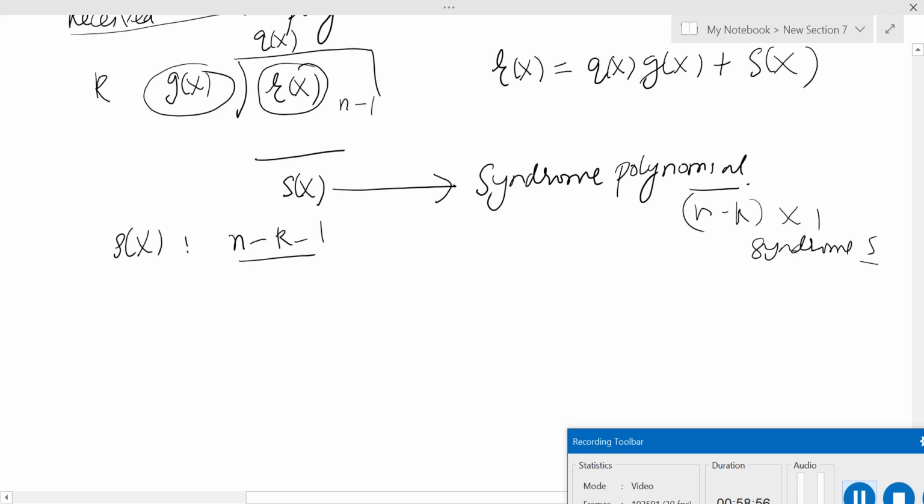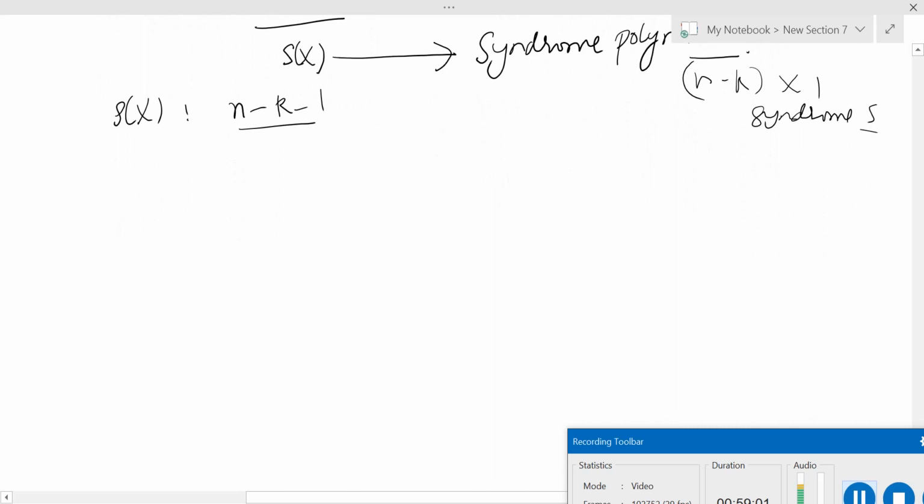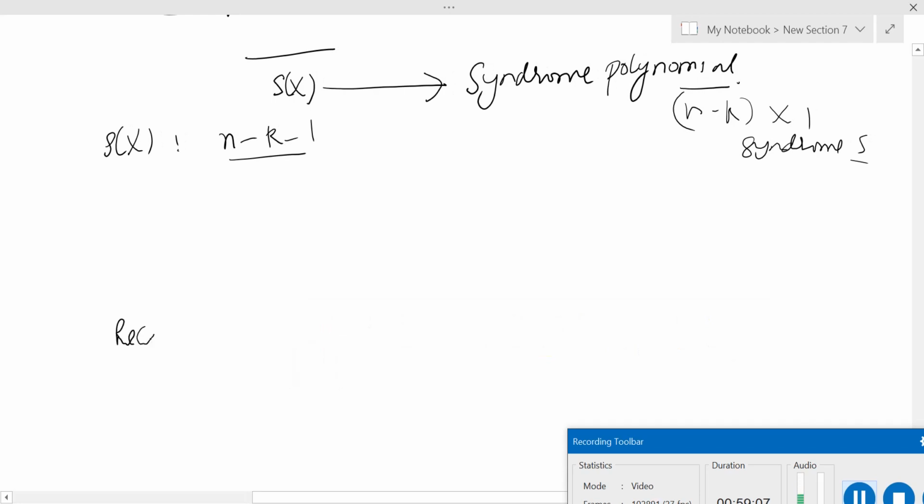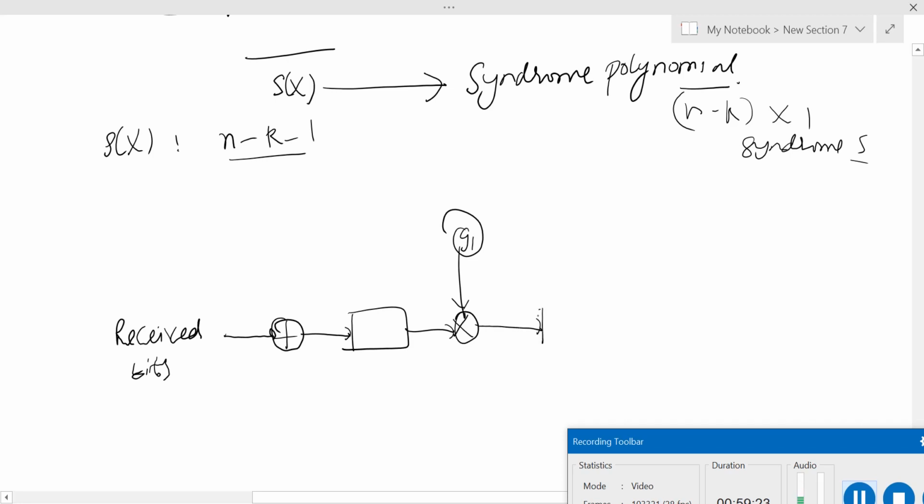How to realize it in hardware? Again, we will use flip-flops and XOR gates. Here are the received bits, and each degree shift is realized by a flip-flop, and this will be G1, this will be G2, up to G n minus k minus 1.